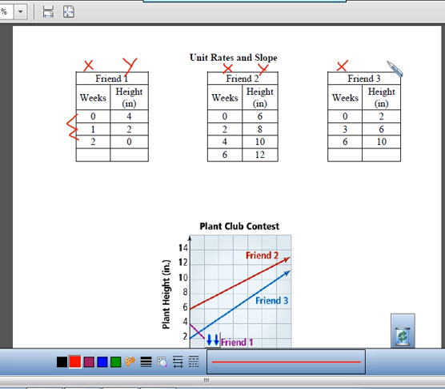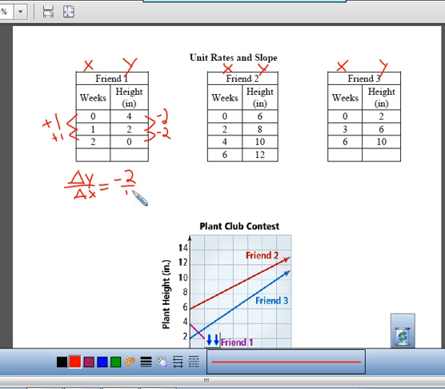Notice I'm putting my x and my y over the appropriate columns so that I am able to tell which one is which. I get in the habit of putting this number on the right over this number on the left, so for friend 1, I have -2 over 1.